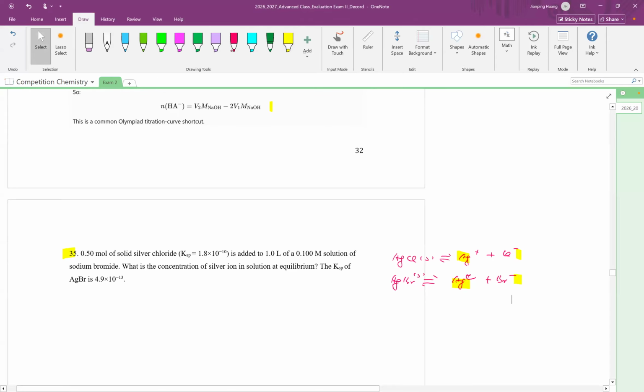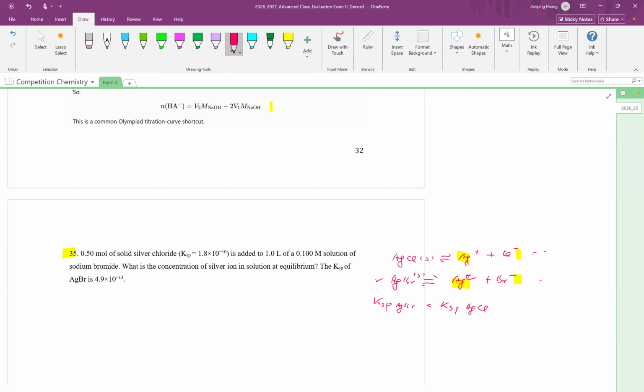So the question, if we add these two, here is a smaller KSP. This one is smaller than this one. So what happens is, basically you will have a replacement. If we reverse this one, it's equation 1, and here is equation 2.